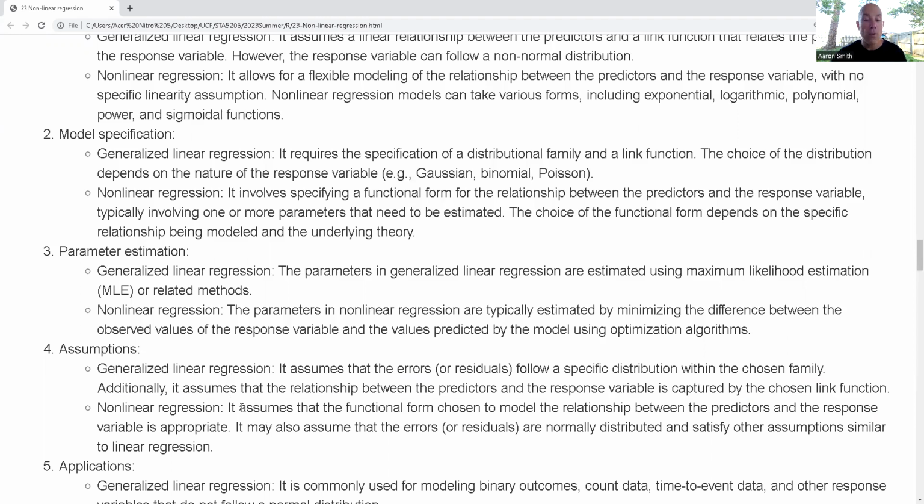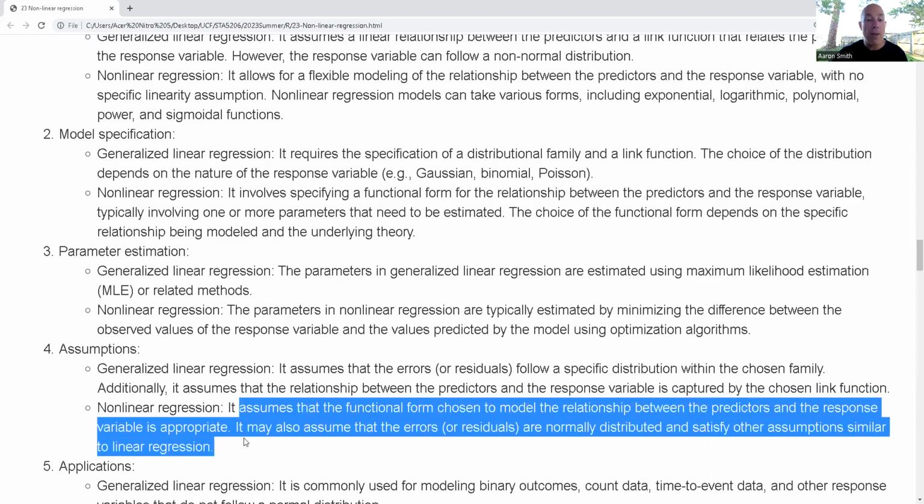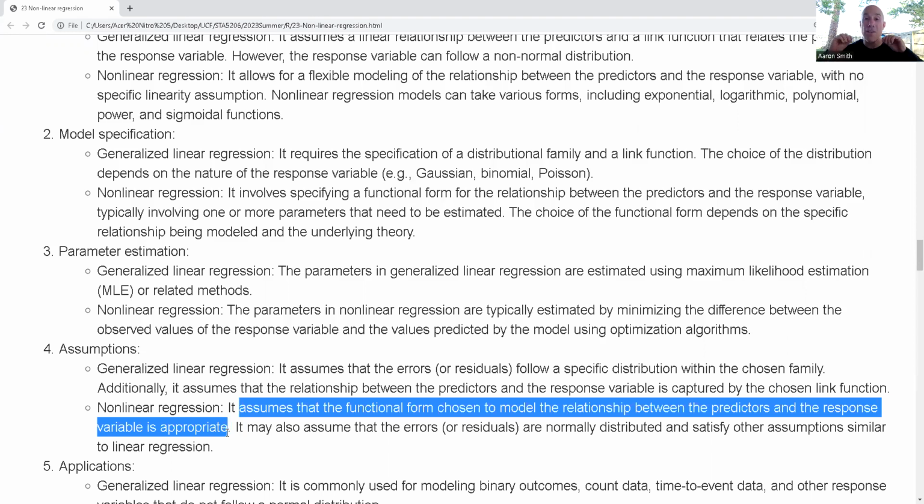Nonlinear regression assumes that the functional form chosen for the model and the relationship between the predictors and the response variable is appropriate. Notice that it just says appropriate. It's very vague. It's not nailed down there. It's just saying that we got it right when we picked our model form. It may also assume that the errors or residuals are normally distributed and satisfy other assumptions similar to linear regression.